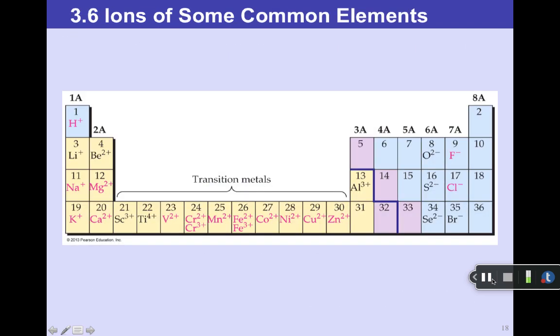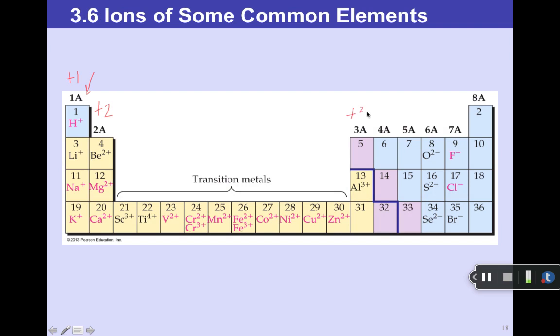One thing to make sure you realize is that there are some very obvious patterns in the ions of common elements. We talked about these already in the Pogil book last week. Group 1 and 2 elements have charges that correspond to their group numbers, so they're going to be +1, +2, and same thing with group 3A.